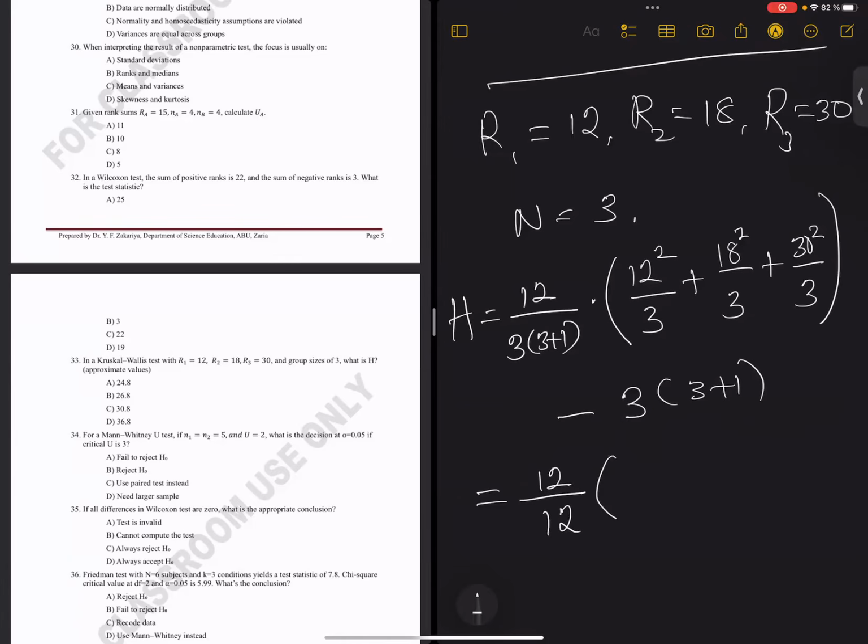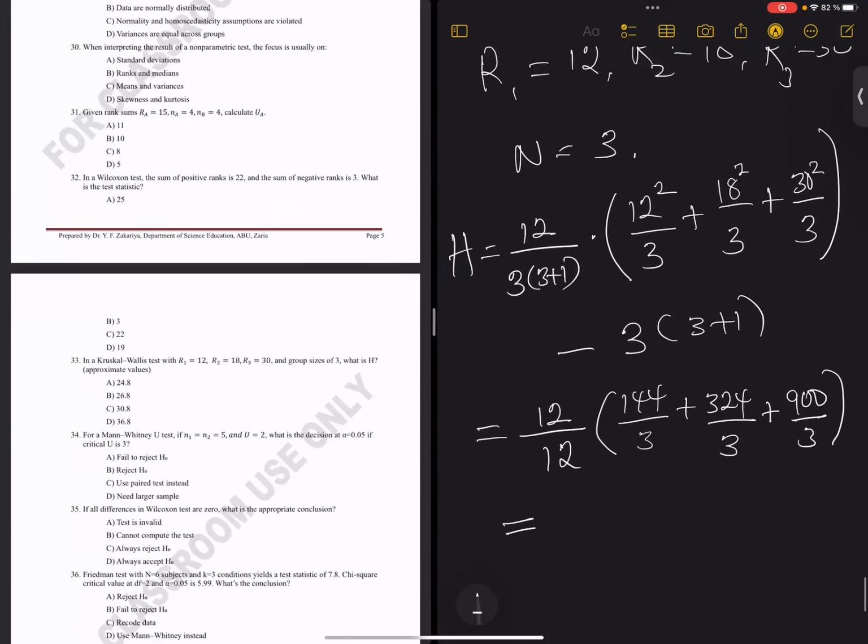Into bracket 144 divided by 3, plus 18 squared. What is 18 times 18? 324 divided by 3. Plus 30 squared, 30 times 30, you get 900 divided by 3.